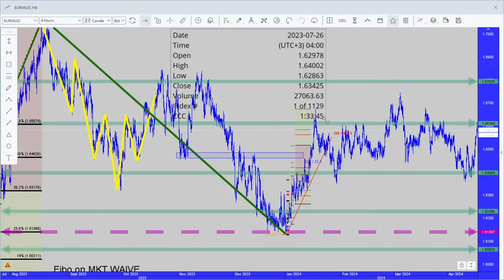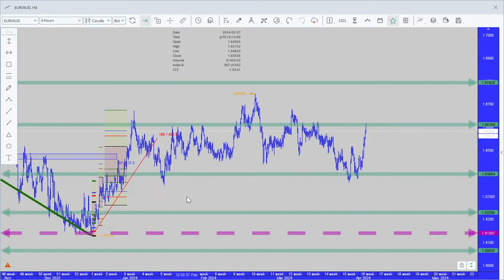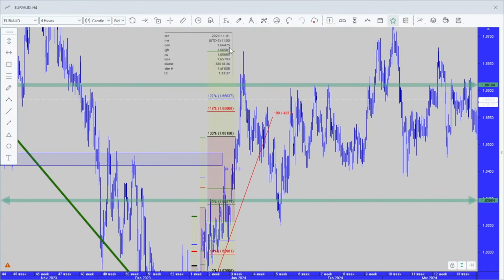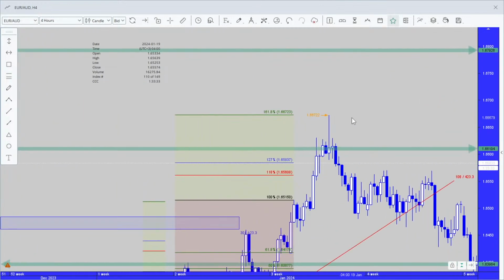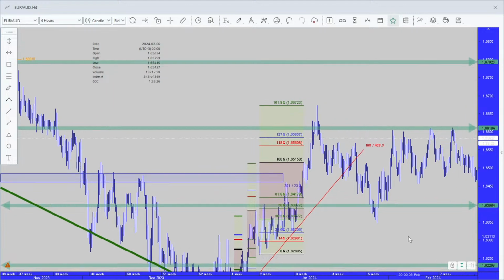I'm not sure which one is the up Fibonacci, and I'm not sure if the market hit the D extension up in here. Did the market hit the D extension? Let me check the numbers. 66723, 66722 for a pip. So no, it didn't.